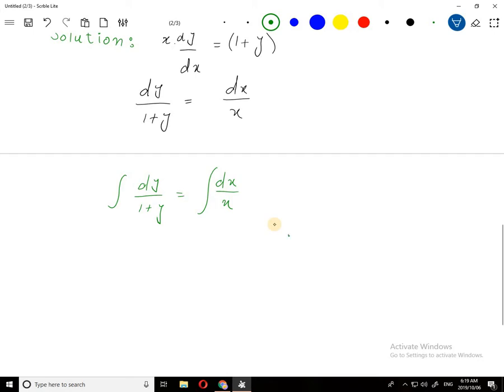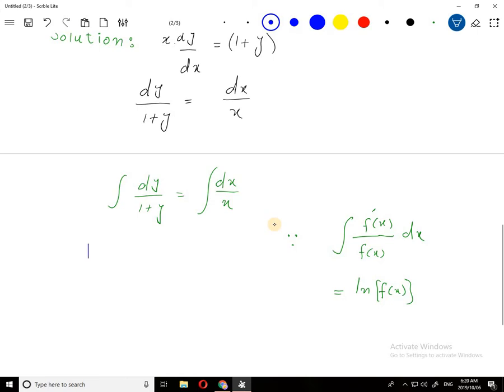And as you know, when we have a function in the denominator and its derivative is given in the numerator like this, the integration of this function is just log of the function. So I can just apply this formula here.